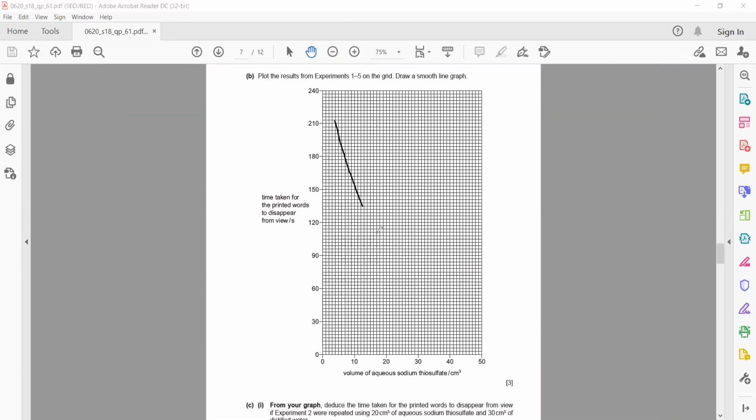This was your first graph, so the shape will be the same, and it will take a longer time. As the reaction rate will be slower, the shape will be the same, but it will be above the original graph.